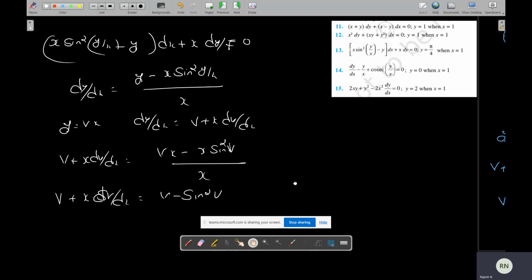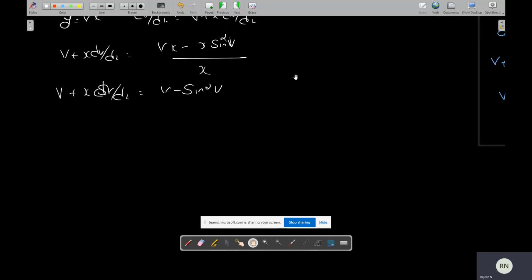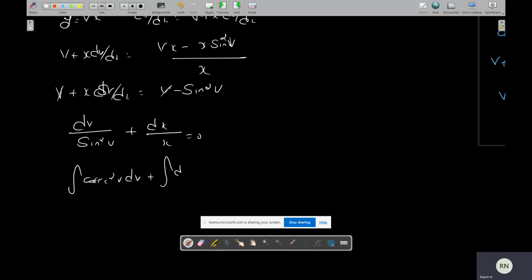Now, v cancels. Therefore, dv by sin squared v, that is cosec squared v dv plus dx by x is equal to 0.